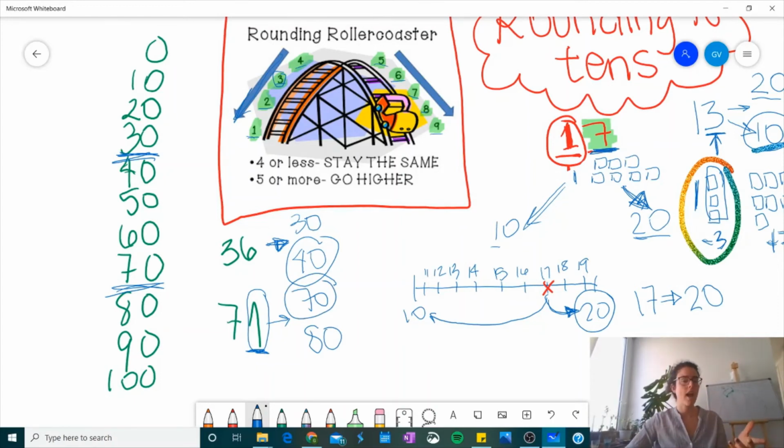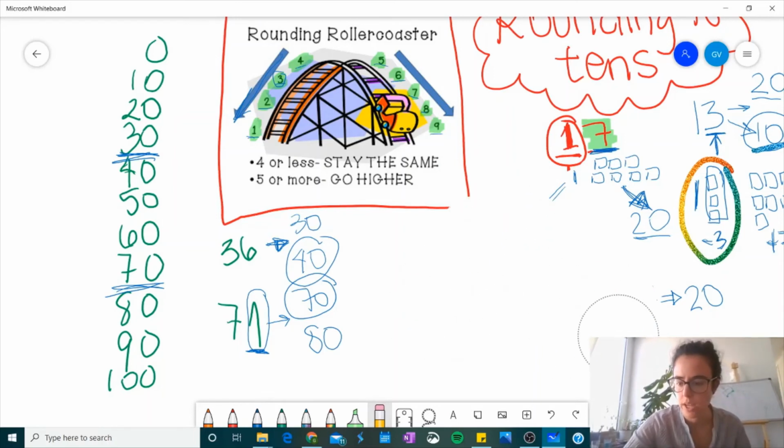So if Miss Gia asks you, please round 71 to the nearest 10, then that means that you say, oh, Miss Gia, that's so easy. 71 is very close to 70, so the nearest 10 is 70. Let's try one more. I'm going to erase some of this stuff so we have room. Okay.